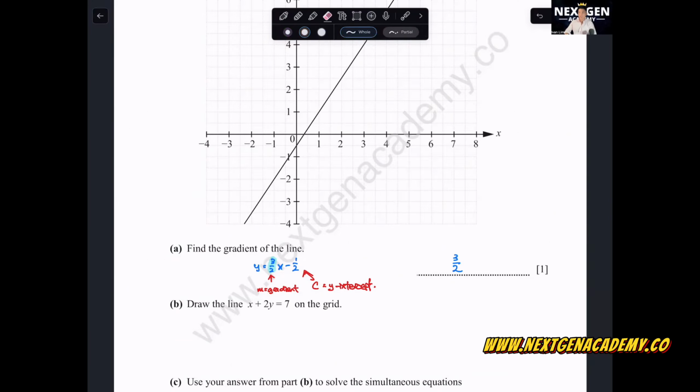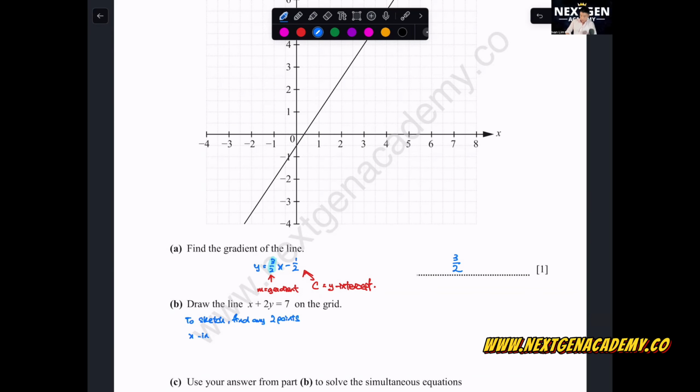You can use any value actually. Or what I like to do: you just need 2 points. So remember this, to sketch a line, find any 2 points.